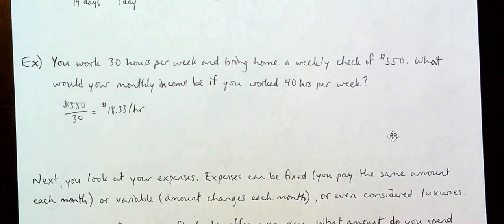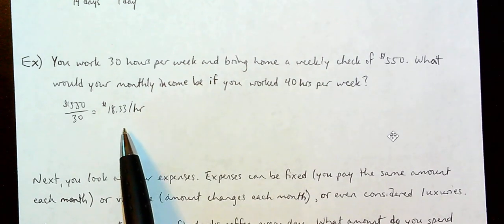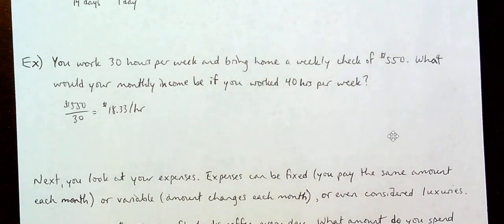So now, the question wants to know, what would my monthly income be if I worked 40 hours per week? I'm going to take my wage per hour and multiply it by 40 so that I know how much I'd make in a week if I worked 40 hours per week.